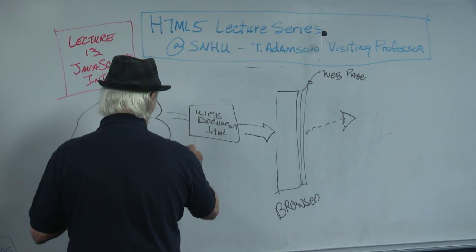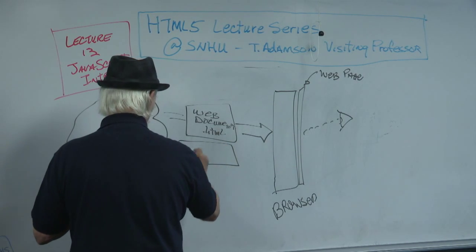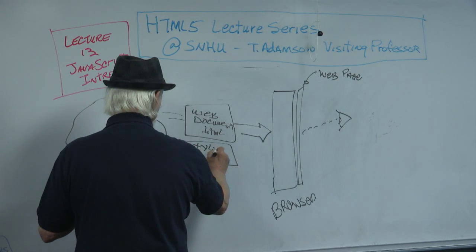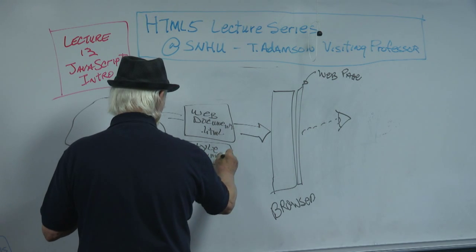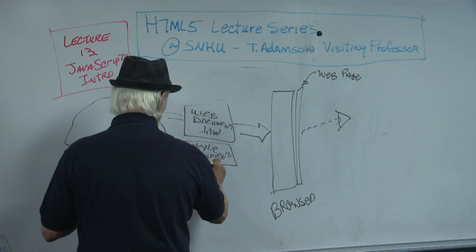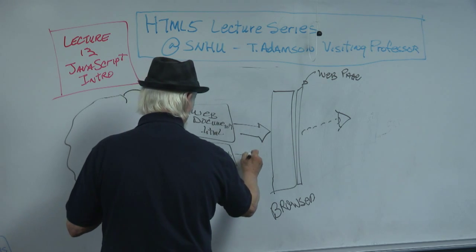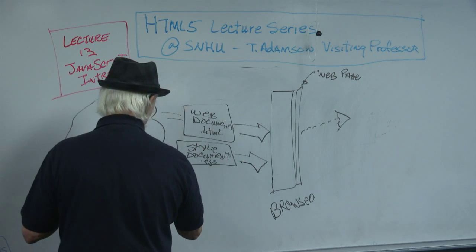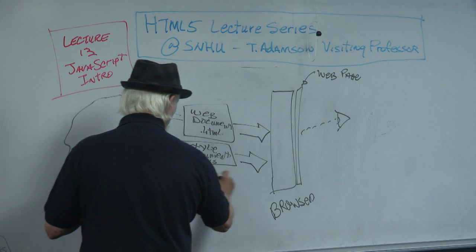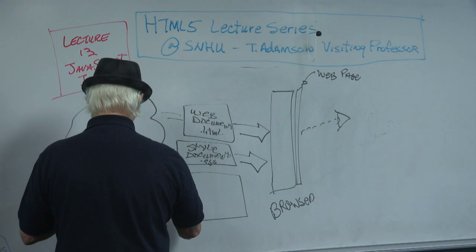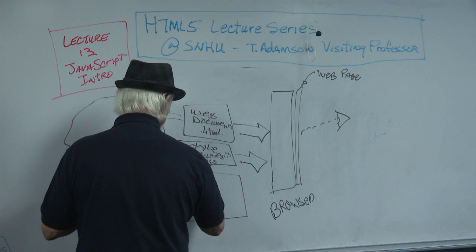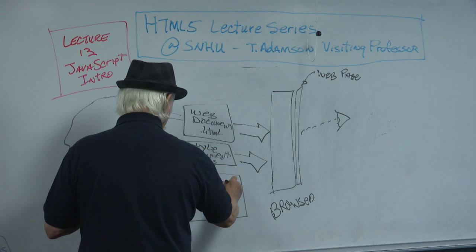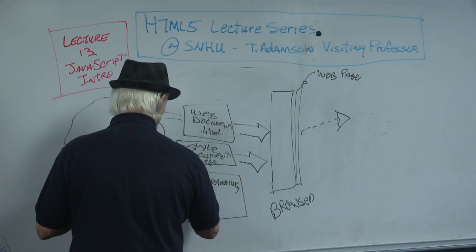We also get our style document, which has .css as the extension. That goes to the browser. And now we have a third one coming from the cloud. Could be the same server, but it doesn't have to be. And this is going to be our programming document.